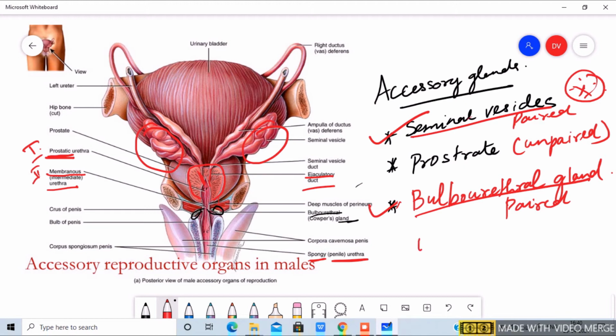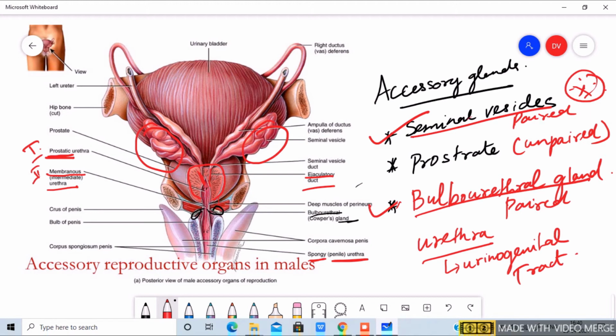You can also call the urethra the urinogenital tract, both mean the same. This is a long tract in male, but it is very short in female. The prostatic urethra is where you have the prostate gland, and you can see that it is unpaired. And then you have this bulb-like gland, the bulbourethral gland.